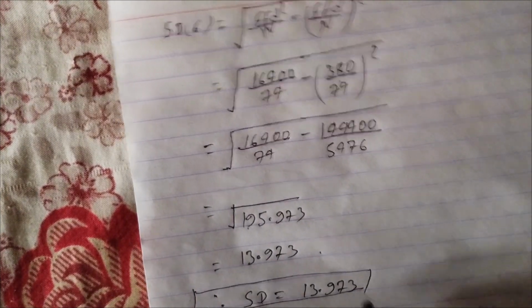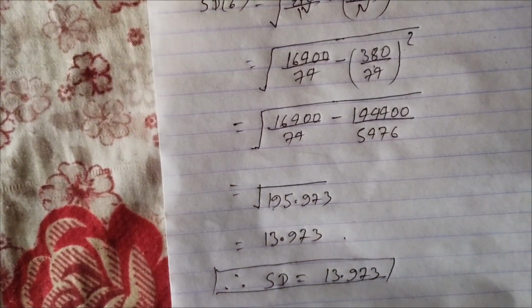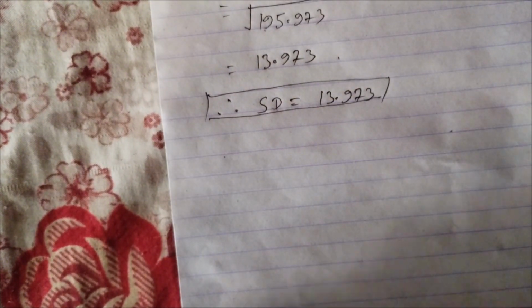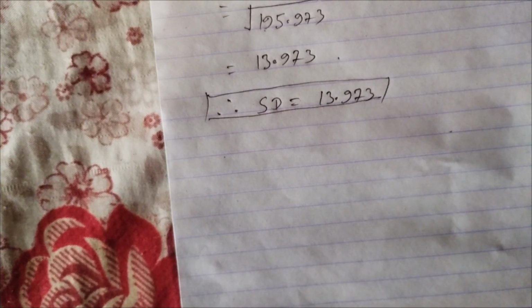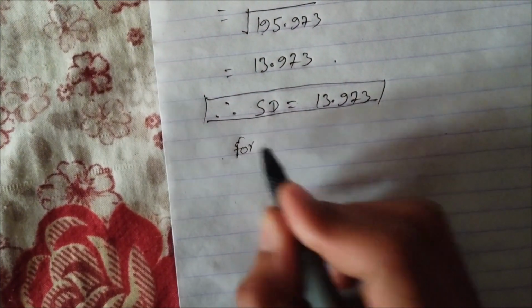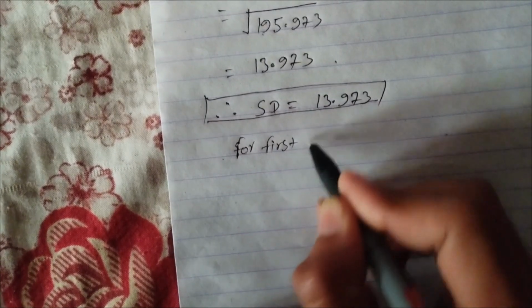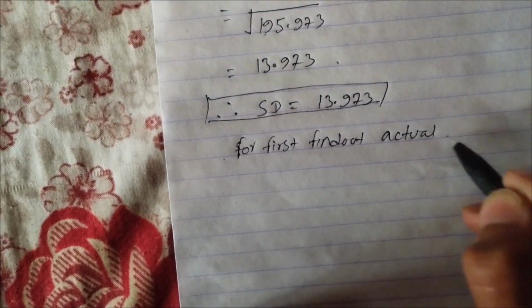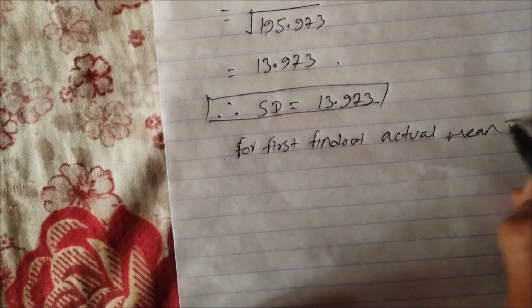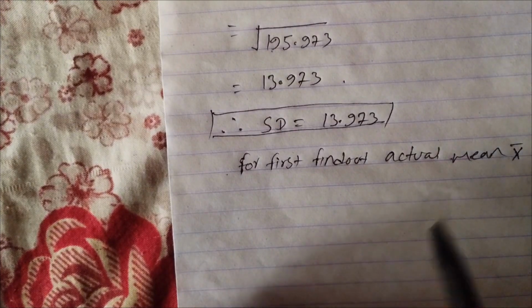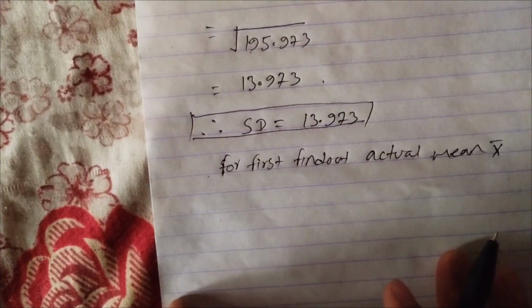Now calculating the coefficient of standard deviation. For this, first we find the mean. The first time we assumed the mean; now we find the actual mean.